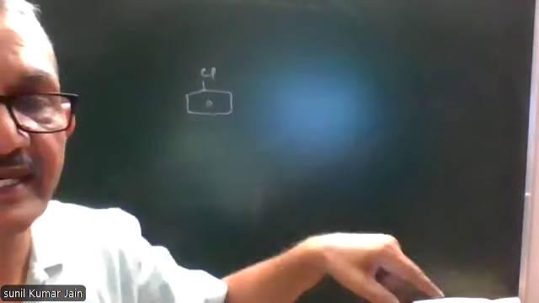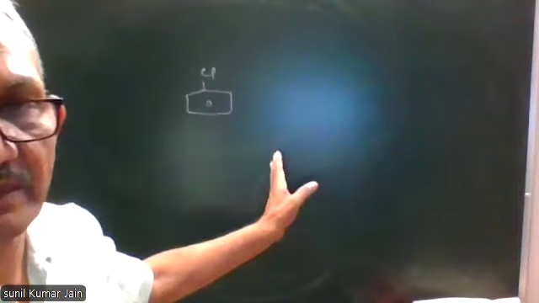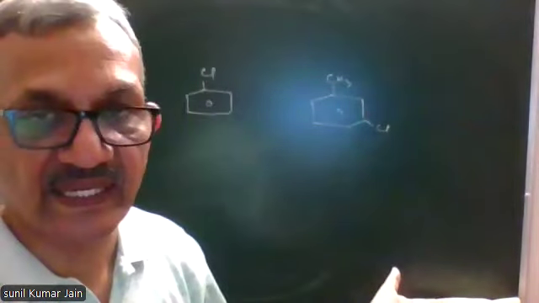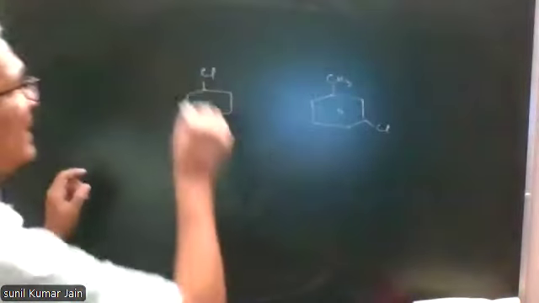Right? Halogen directly attached to aromatic ring, that is benzene ring. And this carbon atom to which halogen is bonded, this is sp2 hybridized. So this is secondary aryl halide. Again, secondary aryl halide, right? Second category is vinylic halides.